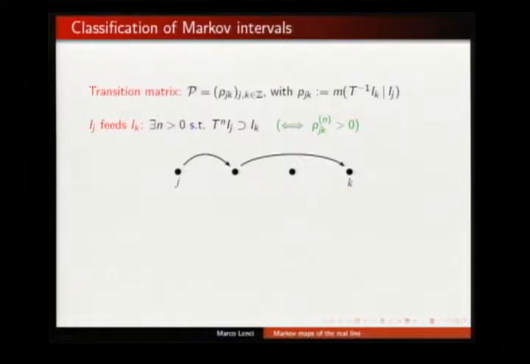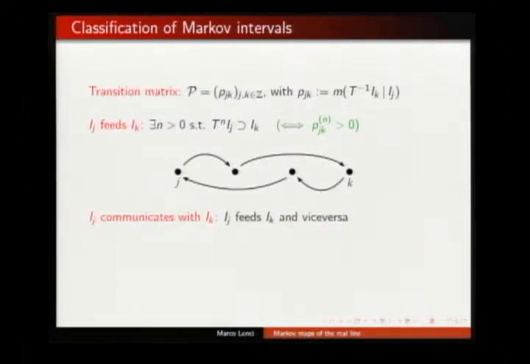Here we use the language of electrical communication, so feeds and signals and things like this. You say that the interval I_j feeds I_k, or the state j feeds the state k, if you send some measure from j to k at some time. I mean, if you're able to send some probability from j to k.